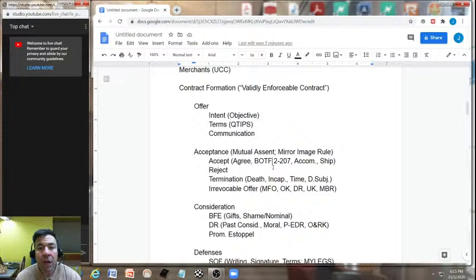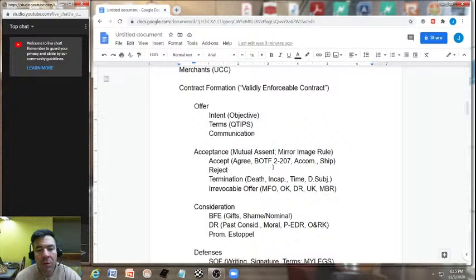And three, the other party, the party who has not given the additional term, have they objected to that term within a reasonable time. Now remember, I just identified that you can actually have a 2-207 situation between a merchant and non-merchant. In that situation, the additional term would come in at the assent or agreement of the non-merchant.